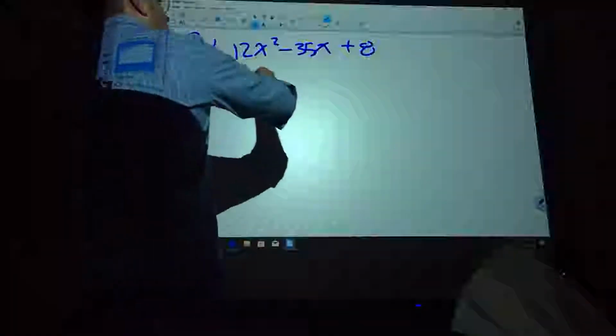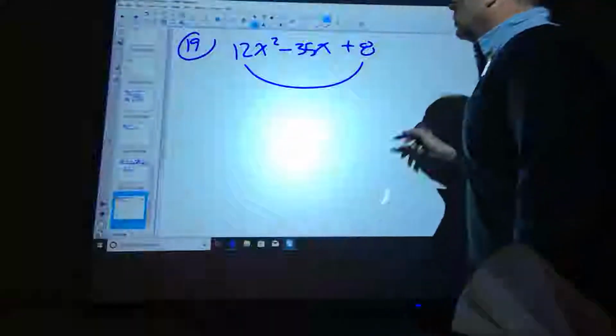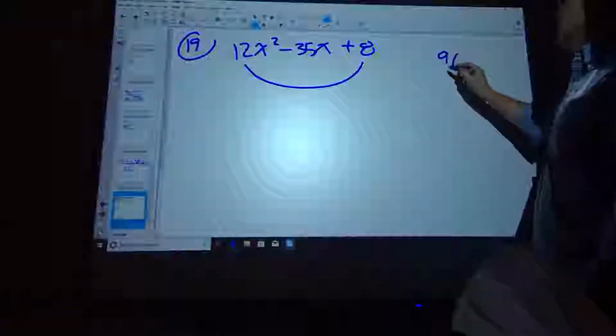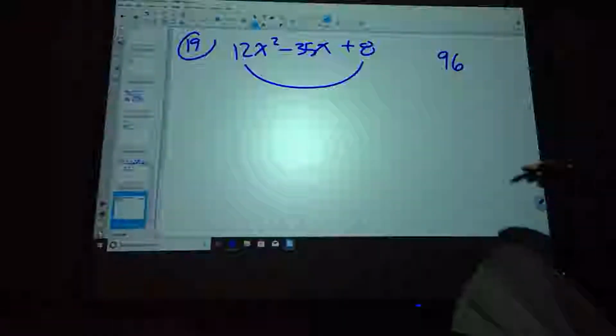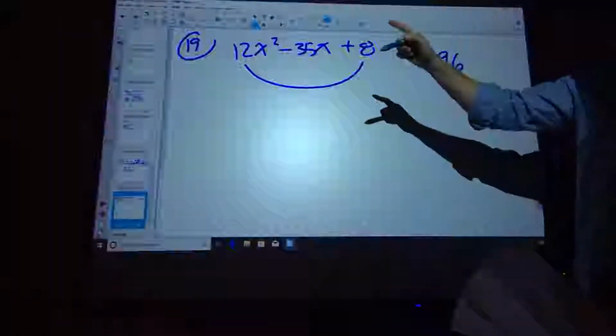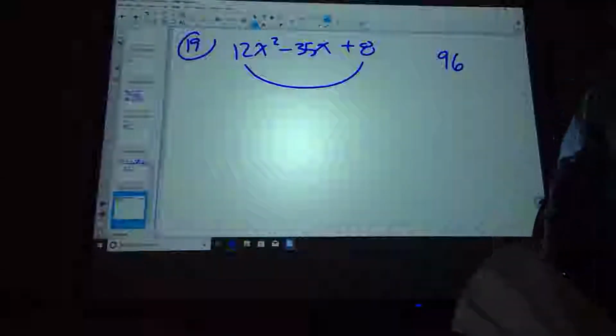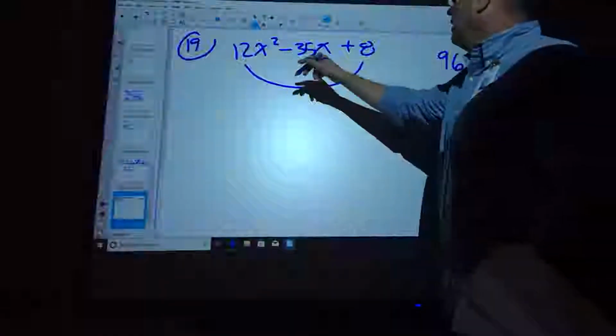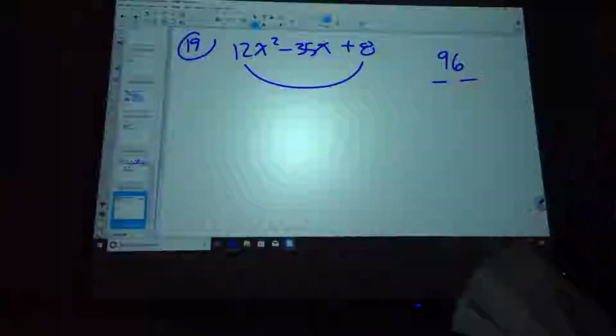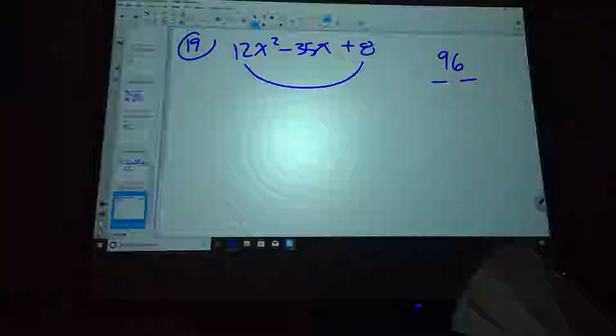So I'm going to multiply those 2 together. So 8 times 12 is 96, is that right? And then this is positive. So in order for this last term to be positive, you either have to multiply two positives or two negatives. And because I have a negative sign here, both signs have to be negative. So now I need to figure out the factors of 96, both negative, that would add to 25.